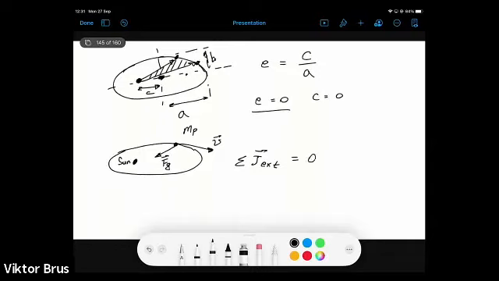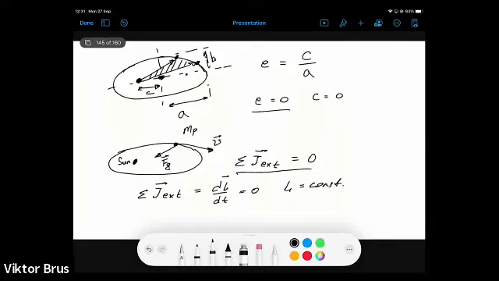From the other side, we know that net external torque causes change of the angular momentum, dL over dt. So if we have an isolated system, this change of angular momentum is equal to 0, and angular momentum is constant.